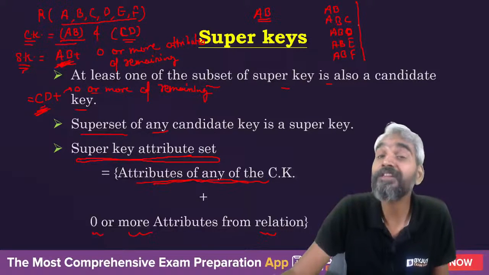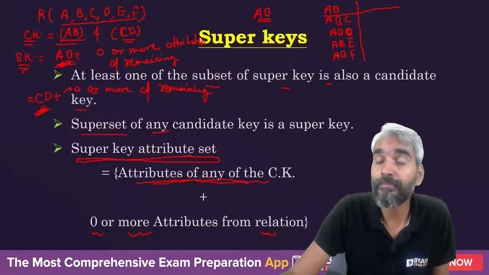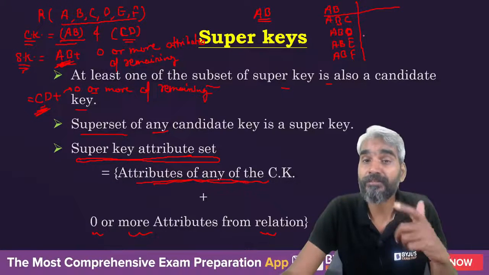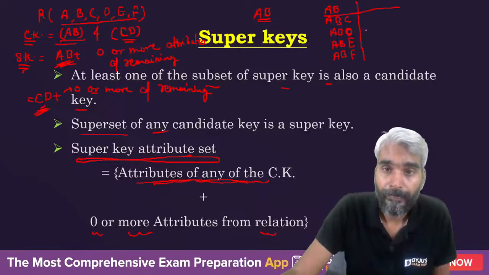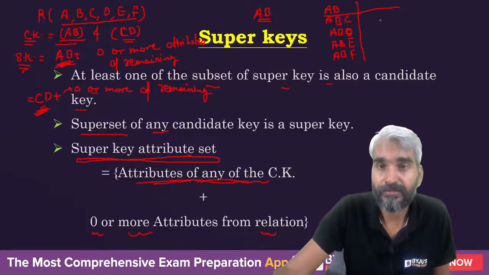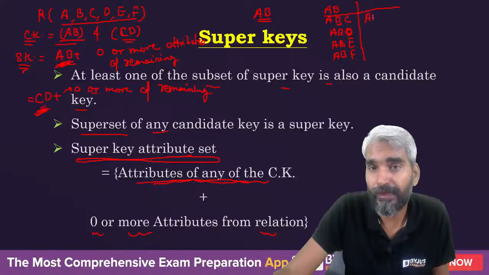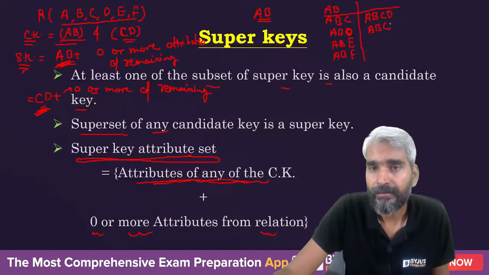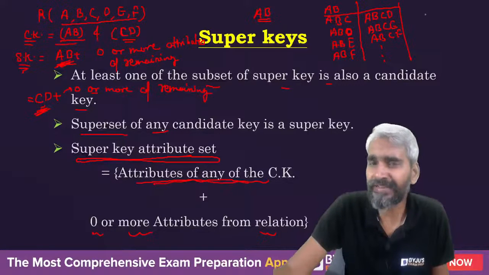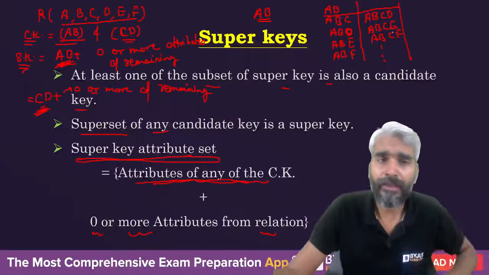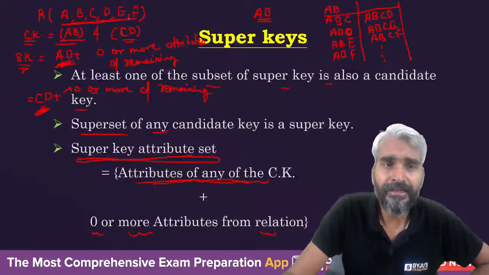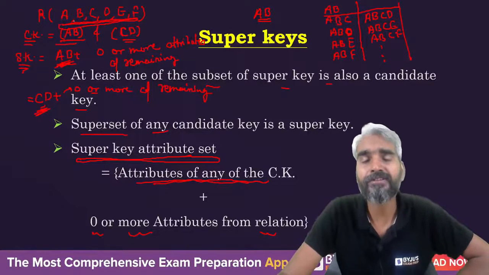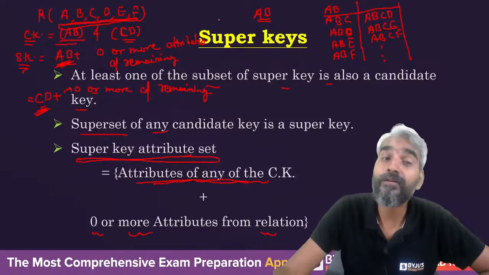Then you can have combinations of two more, so ABCD, ABCE, ABCF, and so on. Any superset of AB with respect to these elements of the set will be a super key of this relation.